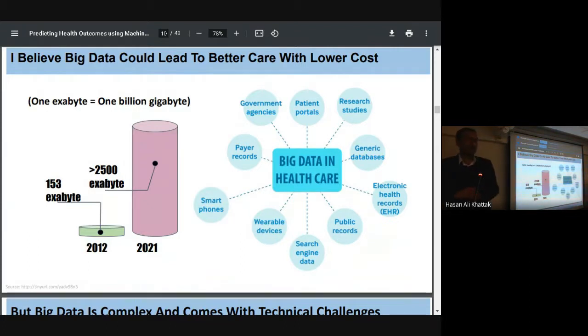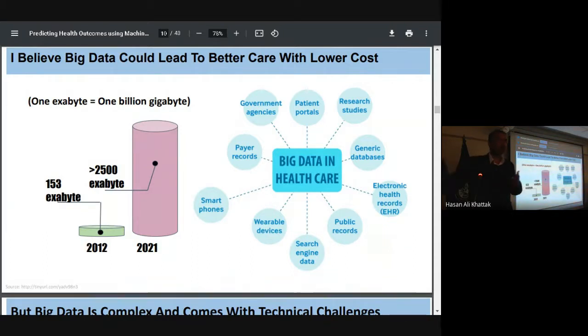Then another important source of data is the payer record. We have the insurance agencies, as I mentioned at the beginning, where all the procedures, your treatment, whatever you have done in hospital settings, will go.